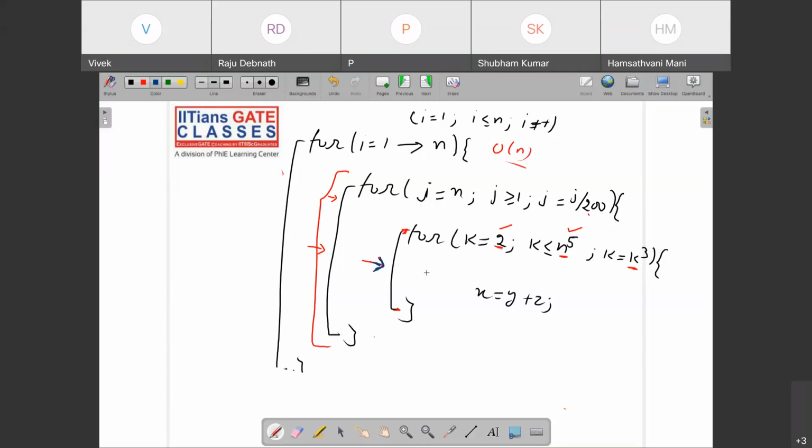These questions could be tricky also, but that part we will solve in the next question. For now, try to check it like this. If I run only this part, only this code, how much time will it take? Try to type in the chat. How much time will it take? Only this part.